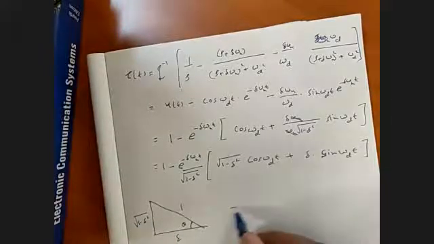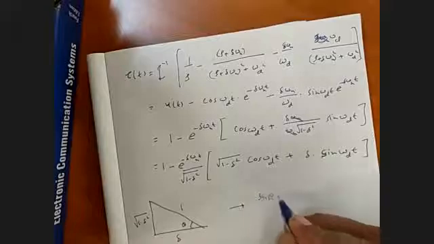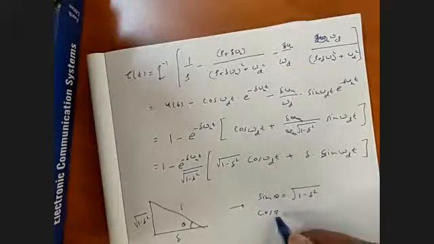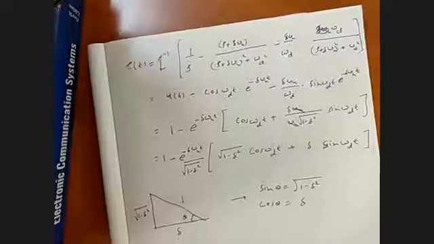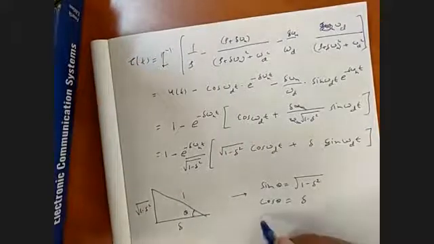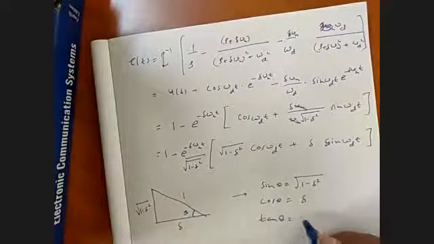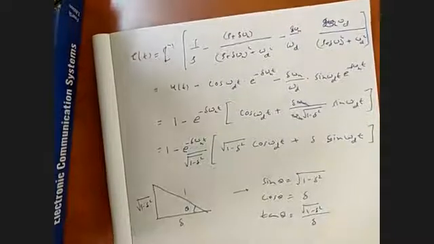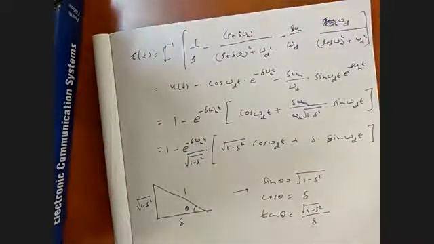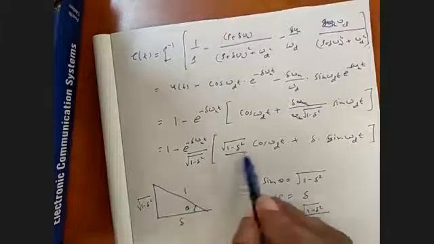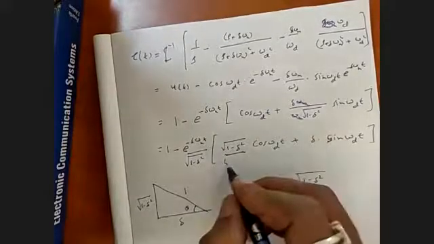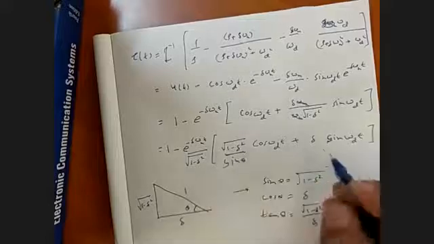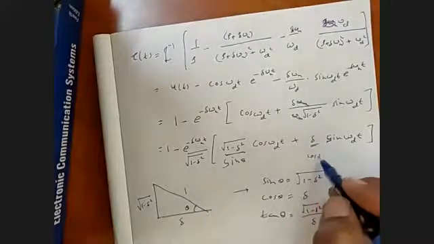That means sin theta is under root 1 minus del square and cos theta is del, and tan theta is under root 1 minus del square upon delta. So this will become your sin theta and this will become your cos theta.